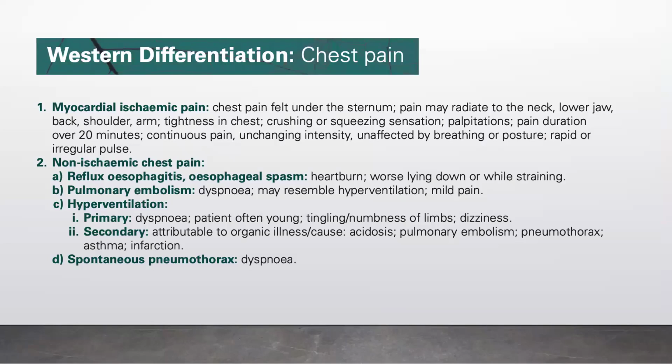Primary is characterized by dyspnea, patient often young, tingling numbness of the limbs with dizziness. Secondary hyperventilation is attributable to organic illness or cause. There is acidosis, pulmonary embolism, pneumothorax, asthma, infarction, and spontaneous pneumothorax characterized by dyspnea.